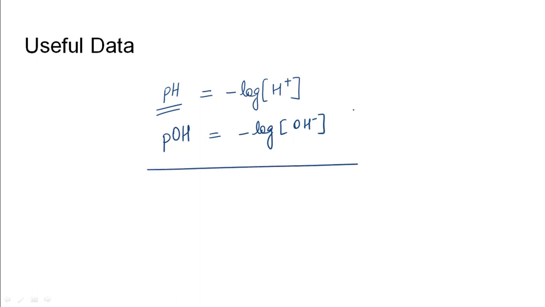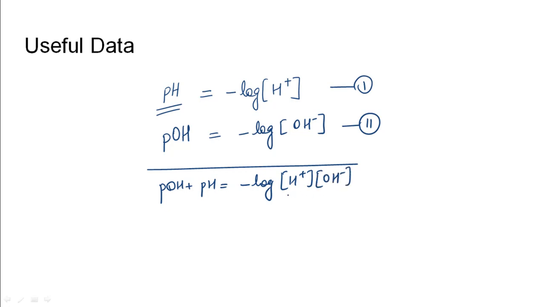When we add these two terms, that is the pH and pOH, what we get is minus log of H plus into OH minus. The product of hydrogen ion concentration and hydroxyl ion concentration in water is equal to the Kw of water, that is given as 10 to the power minus 14.